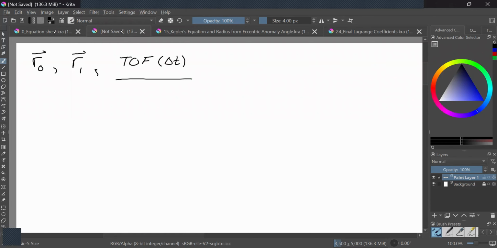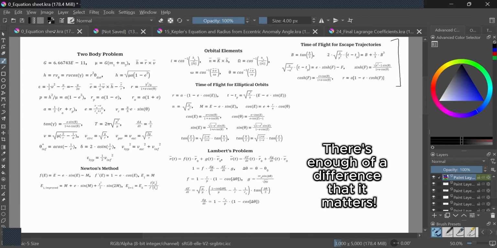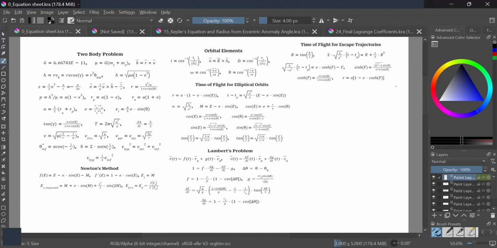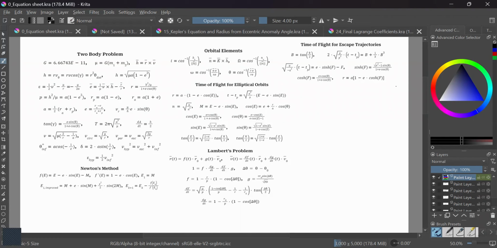Time of flight. And anytime we hear time of flight, you should be thinking of either the eccentric anomaly equations or the escape trajectory time of flight equations. There is an alternative set that is more universal, but I am electing not to go diving into the universal anomaly angle just yet, because there is a lot that is going into that.